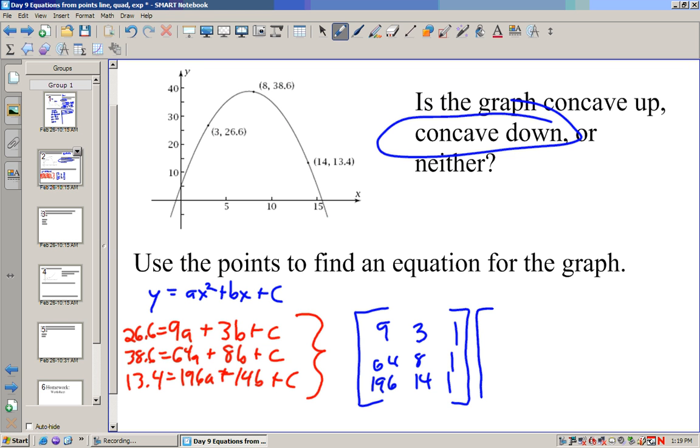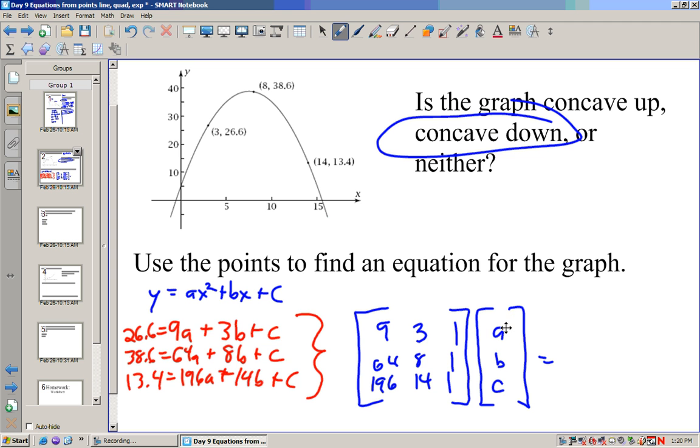Now to make this matrix equal that equation, we have to multiply these numbers times A, B, and C. If you remember your multiplication of matrices, you do the rows times the columns.